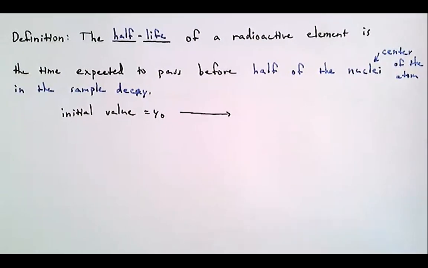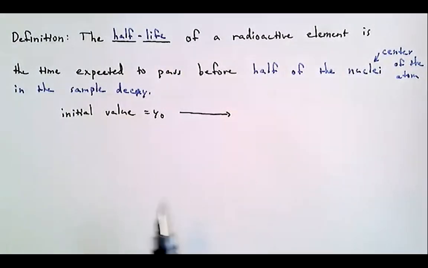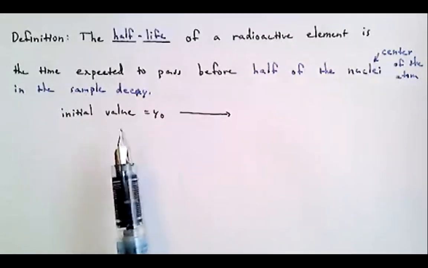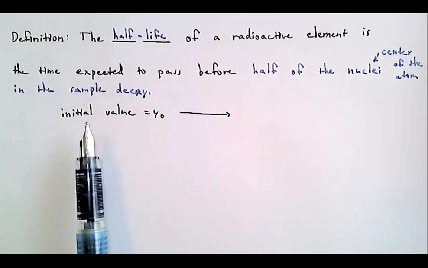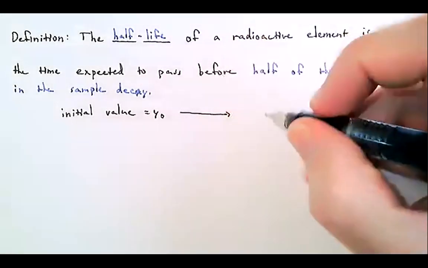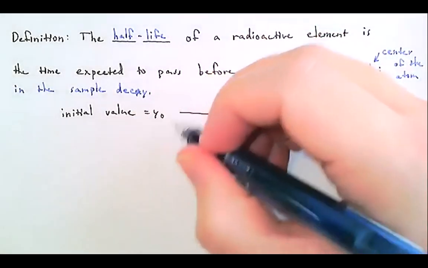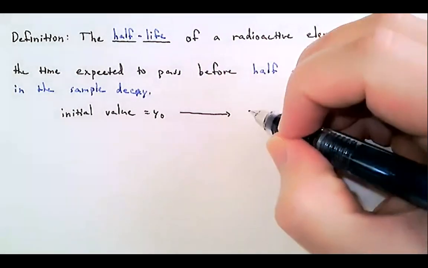Okay, so let's look a little bit at the math of a half-life, and it relates to the initial value. So the half-life tells you how long it takes for your amount, your y0, to decay by half.